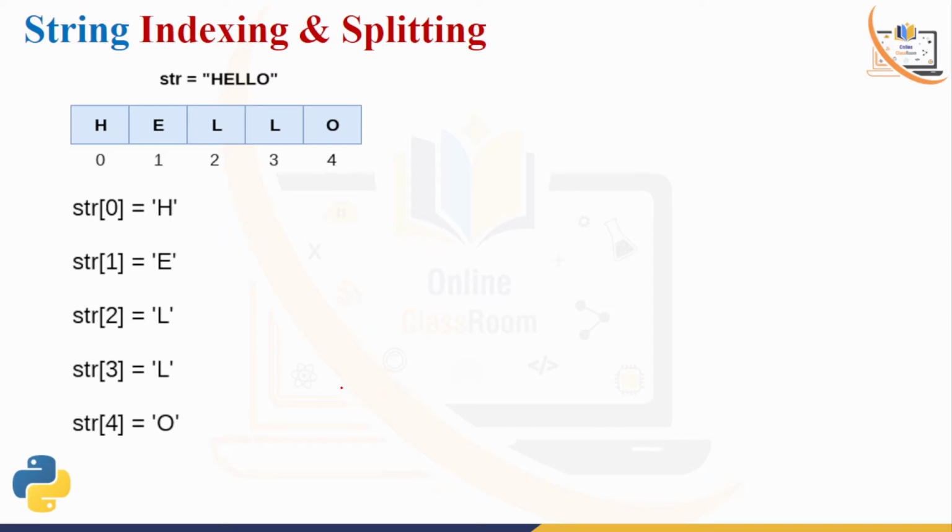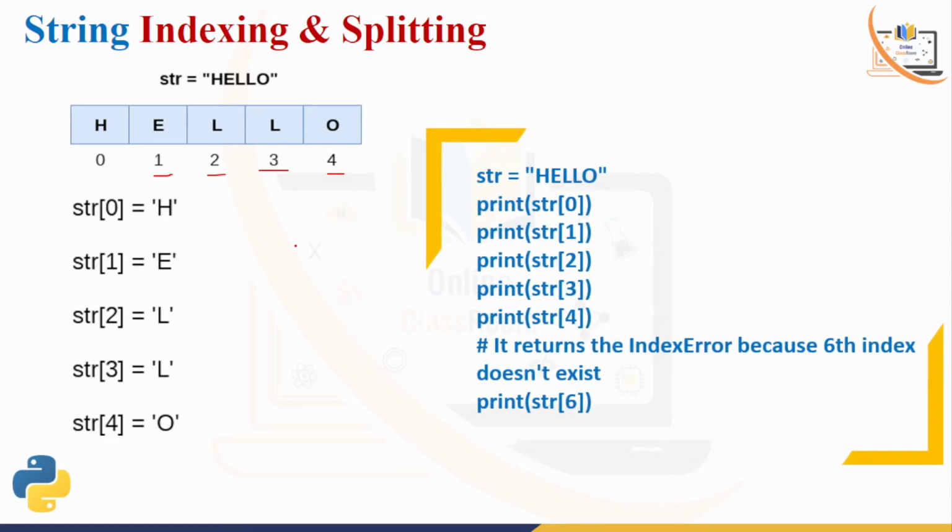If the value of str equals hello, then at index position 0 the H is there, at index 1 is E, index 2 is L, index 3 is also L, and index 4 is O. If you want to print, you write str[0], which will print H. If we give 1, it will print E, and if we give 2, it will print L, like this.